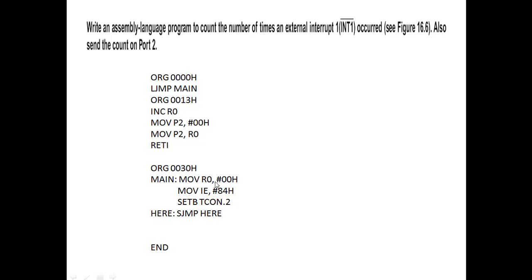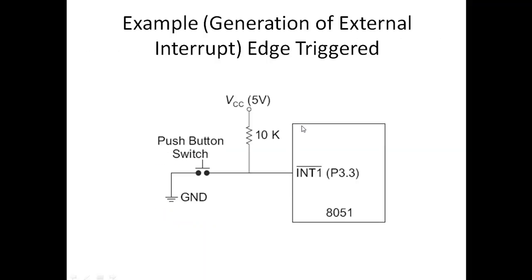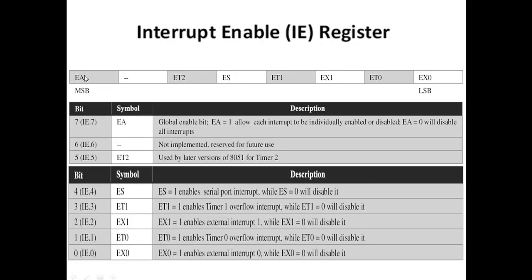Now, remember, first of all, to enable any interrupt, you need the IE register, the interrupt enable register, to be configured. For that, the EA bit has to be set to 1 and the corresponding interrupt bit has to be set to 1. We have already seen that. We are talking about interrupt 1, so let's go back a bit. Here, the external interrupt 1 bit has to be enabled and the rest of the bits have to be 0.